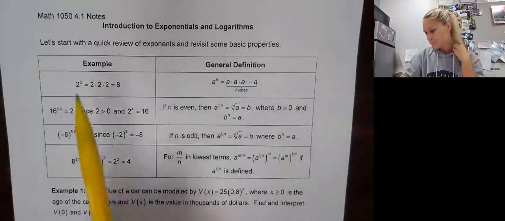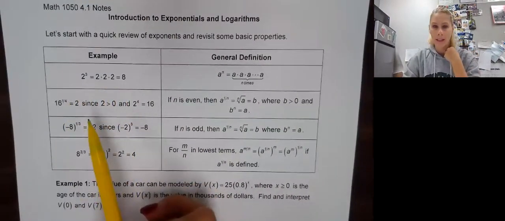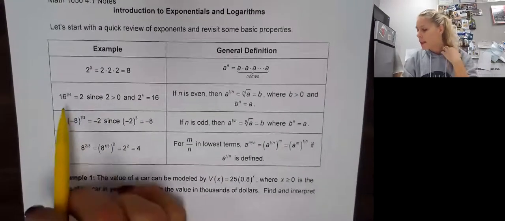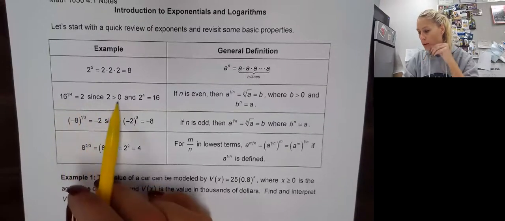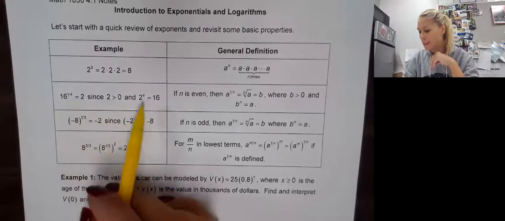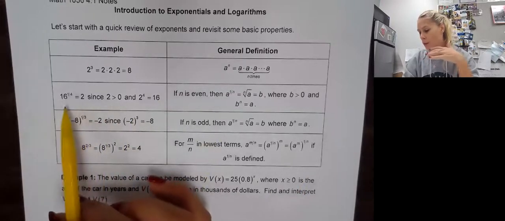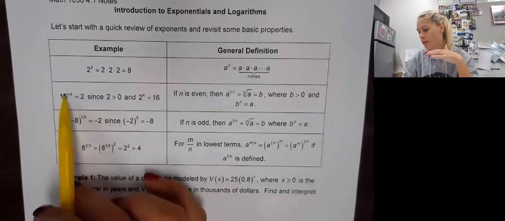Of course, exponent means the base multiplied by itself that many times, okay? And then here, 16 to the 1/4 is 2, since 2 is greater than 0, and 2 to the 4th is 16. So we can interpret this, of course, going back and forth, right? This is the 4th root of 16.